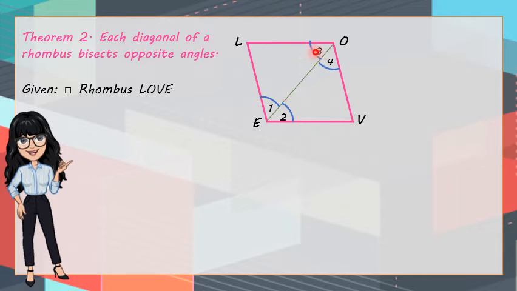So we have here the figure and we have here certain angles. Now, we need to prove that angle 1 is congruent to angle 2. So this is angle 1 and this is angle 2. Angle 1 is actually angle LEO and angle 2 is angle BEO. And then angle 3 and angle 4 are also congruent. So that is angle LOE and angle BOE.